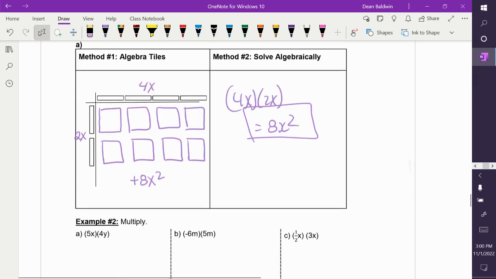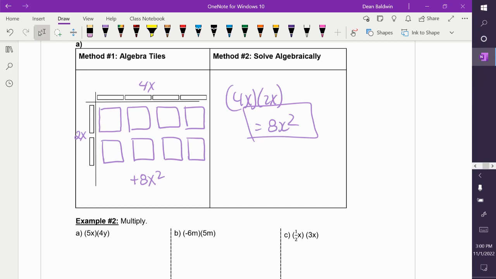Questions at the bottom? There's the answer. Is that what people got?